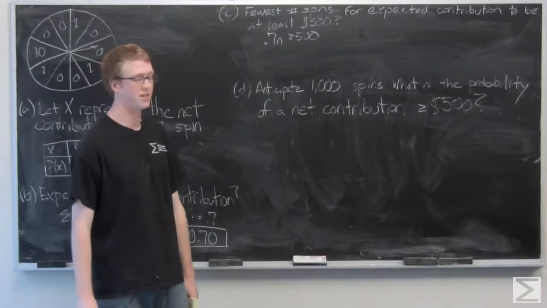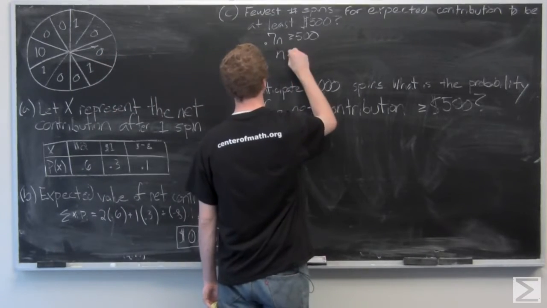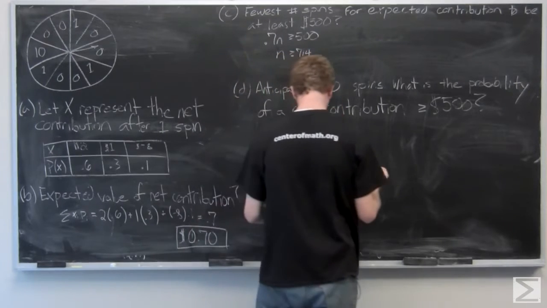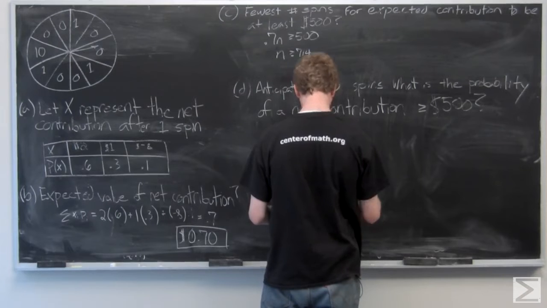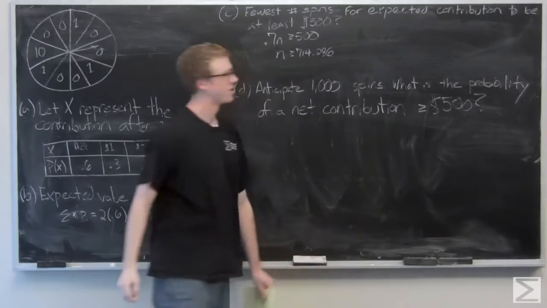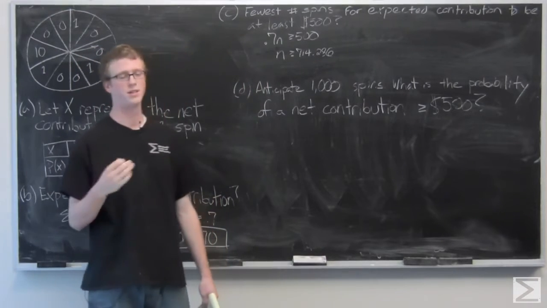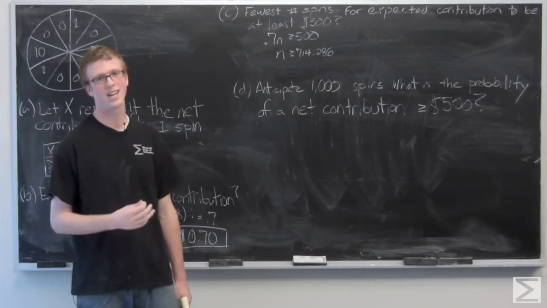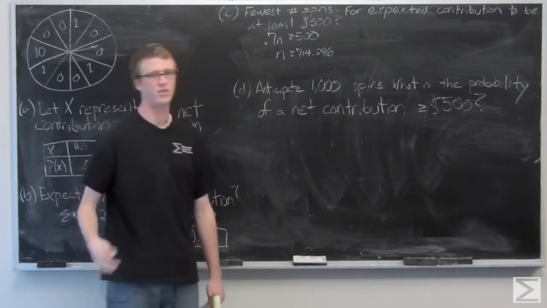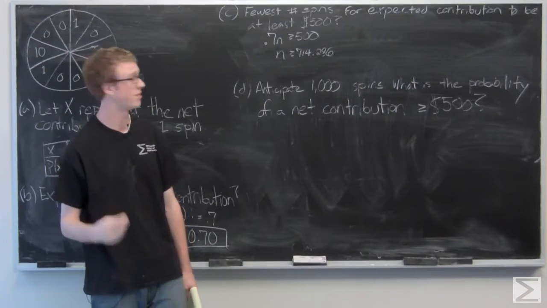And now all we need to do is simple division. So we have n greater than or equal to 714.286 spins, we can't have a decimal spin. So greater than or equal to 714 point something is actually going to be greater than or equal to 715.